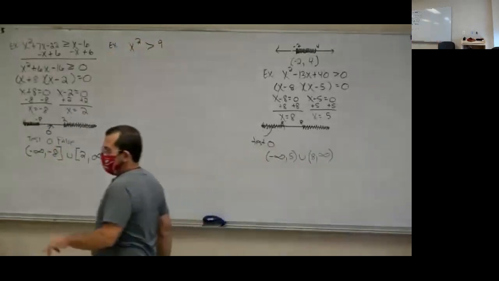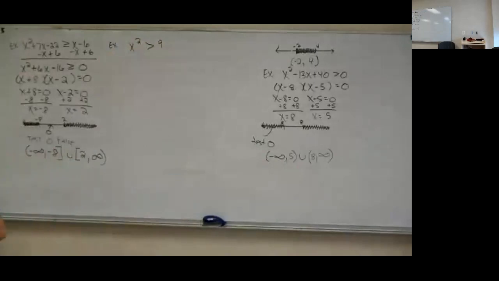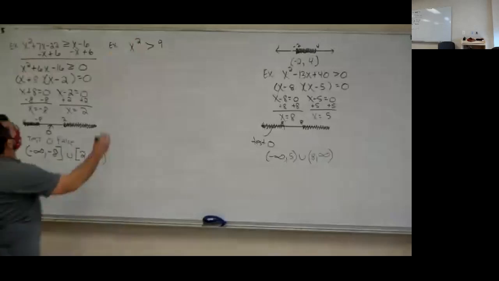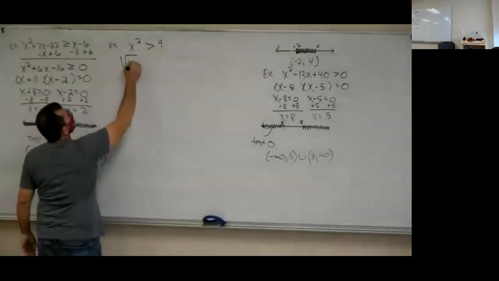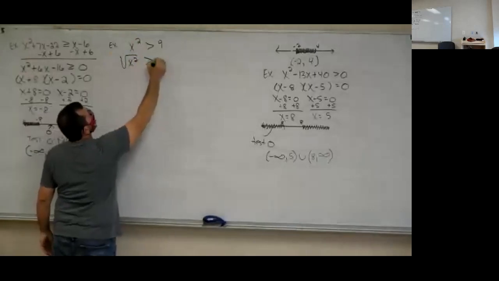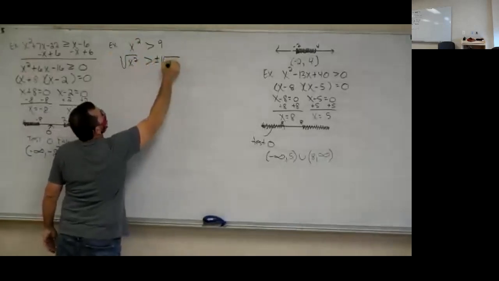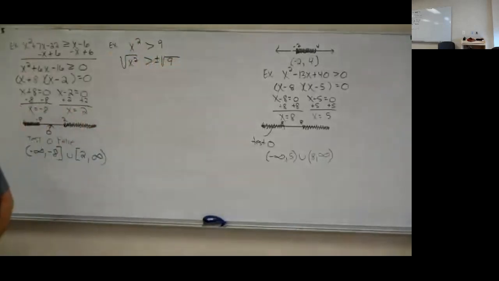Now, I'm not going to factor this one to solve it because anytime I just got an x squared term and a number to solve this, all we got to do is take square roots of both sides. And anytime you take the square root of a number, remember, it can be positive or negative.